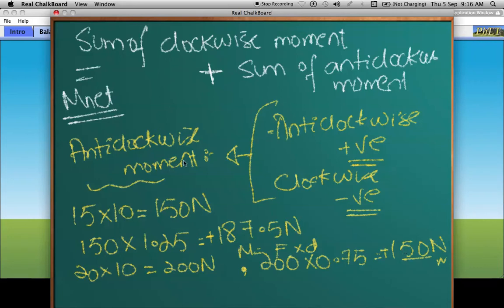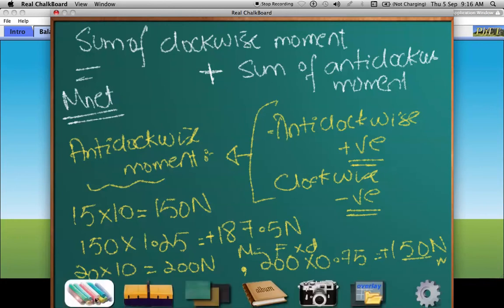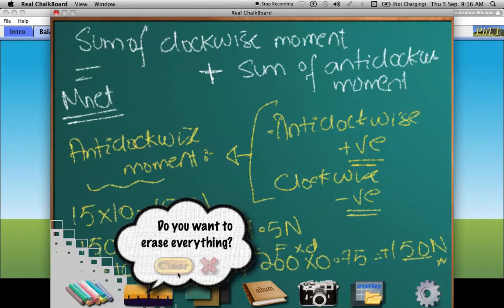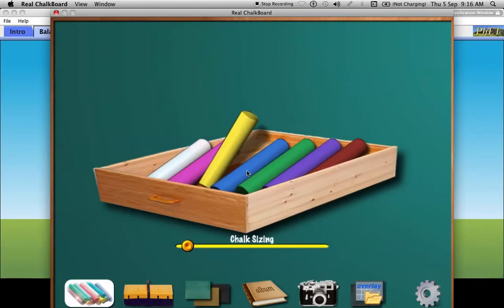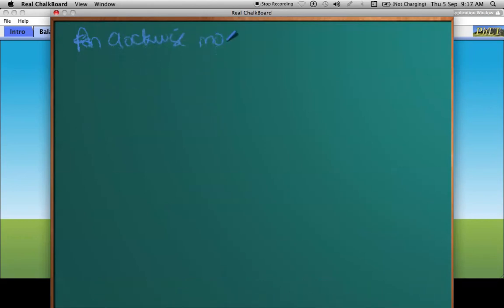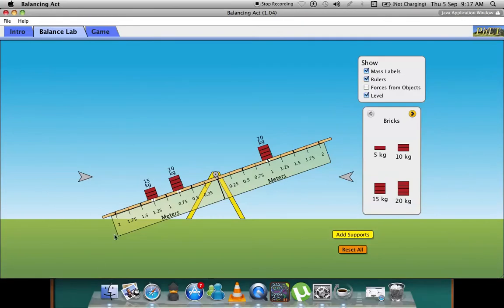So now that is done. However, there is also a clockwise moment. Remember these values: positive 150 newton meters and positive 187.5 newton meters. So we'll come to this. Now finding the clockwise moment, which is only because of the 20 kilogram mass here.